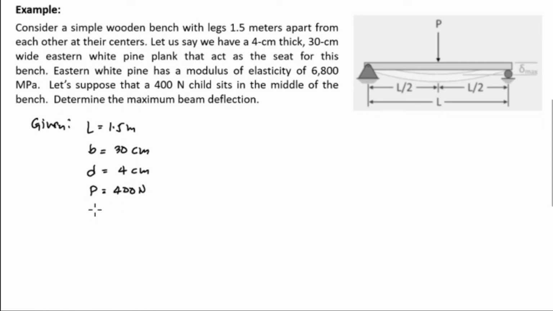The modulus of elasticity of the eastern white pine, E, is equal to 6,800 megapascal. Find the maximum deflection of the beam or the bench. So this would be the maximum deflection solution.